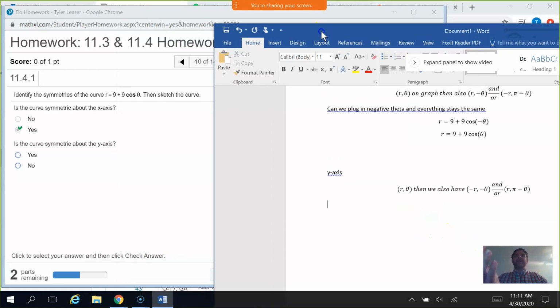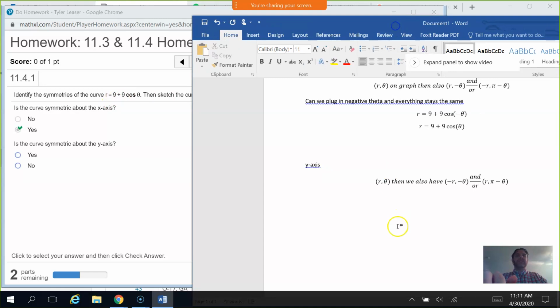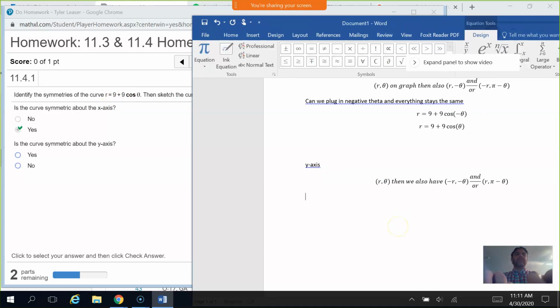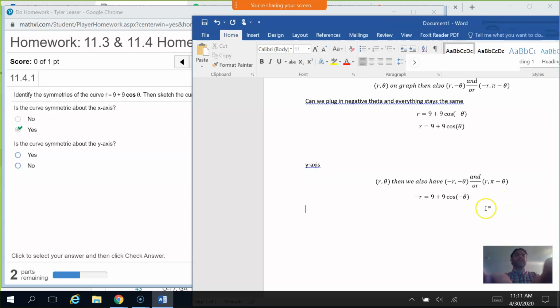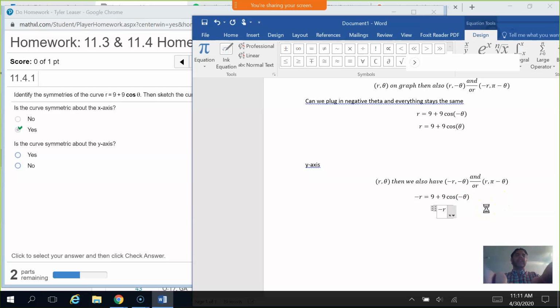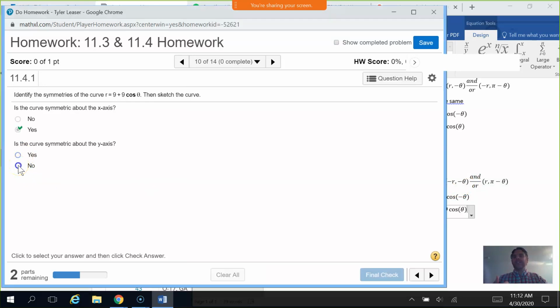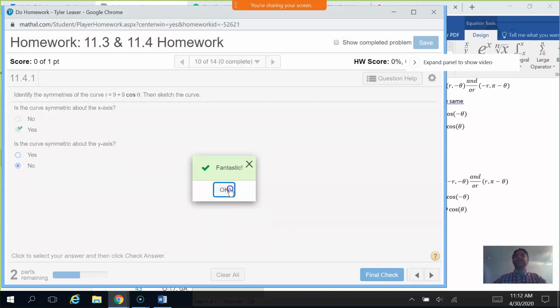If we go back to r equals 9 plus 9 cosine theta and substitute negative r for r and negative theta for theta, the cosine of negative theta stays positive, but nothing happens to the r value out in front. Because of this negative r, this does not match the function we started with anymore. So it is not a reflection over the y-axis, so it is not symmetric to the y-axis.